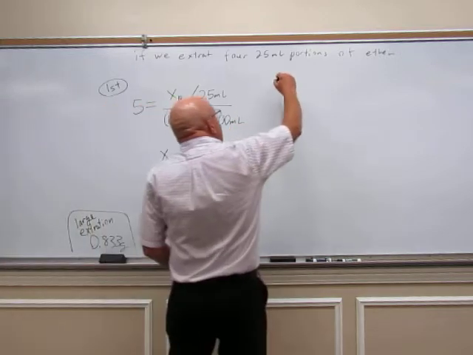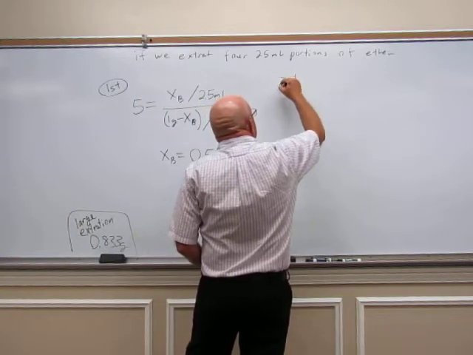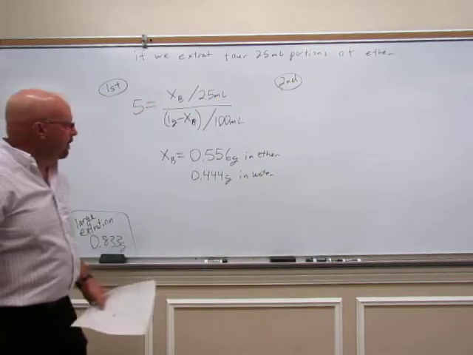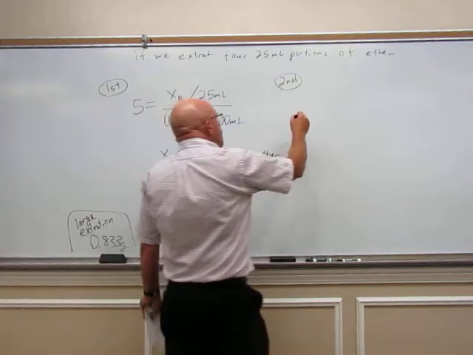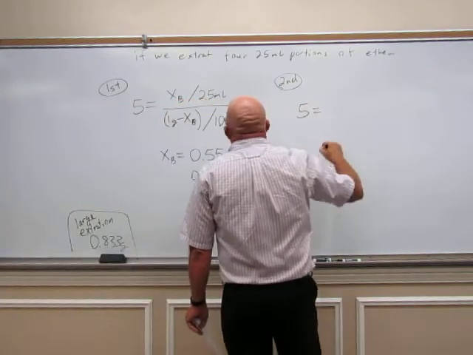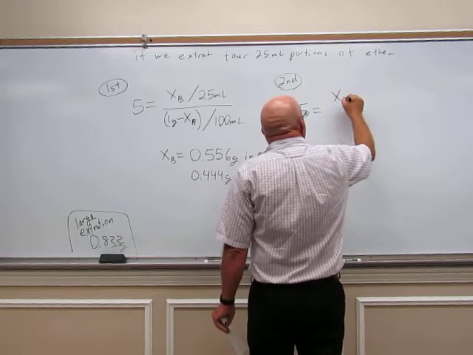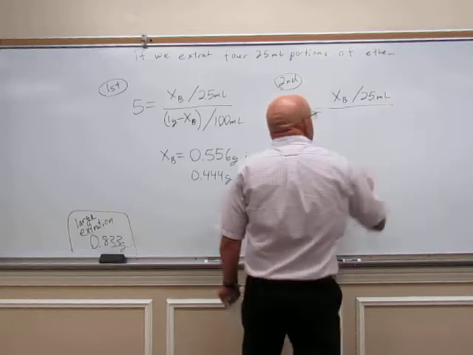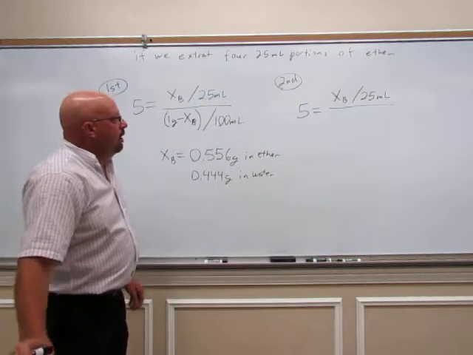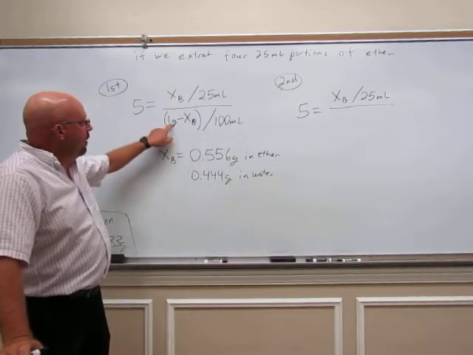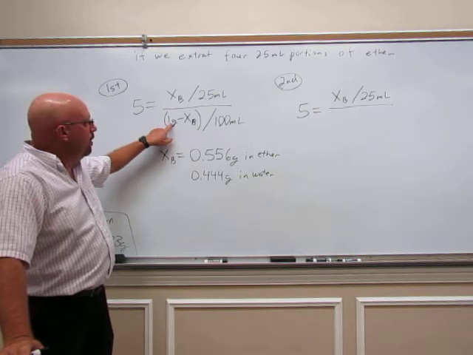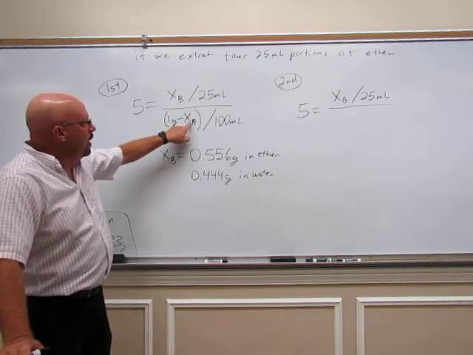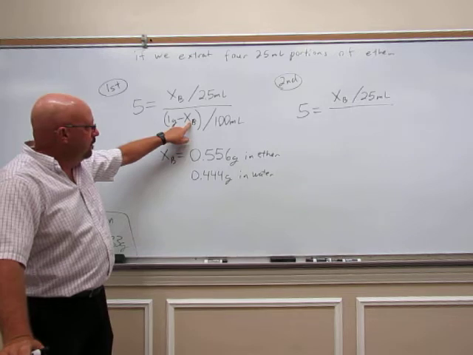Let's do the second extraction. We're going to do this 4 times. Distribution coefficient 5. We are extracting out X amount with 25 milliliters of ether. Now here is where it's different. Before we started with 1 gram of compound B and we extracted out X amount.